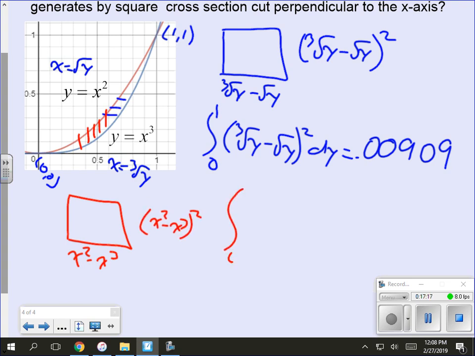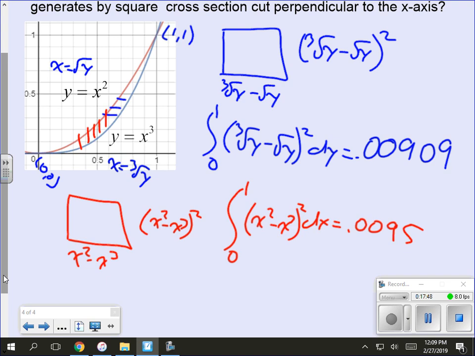So my volume is the integral from 0 to 1 of x squared minus x cubed, quantity squared, dx, or 0.0095. Nearly identical. But not quite. And then you would have to give an explanation.